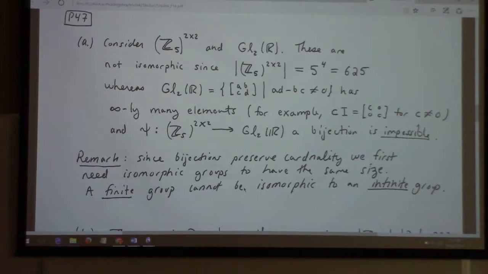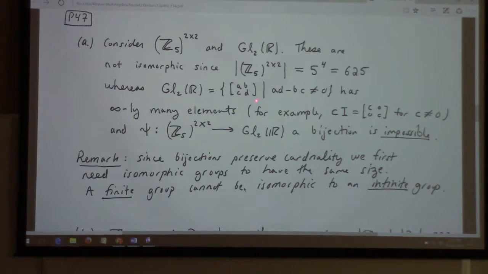It's just a 2 by 2 matrix with elements from Z5, so I think it's 625 distinct choices, which is a lot, but it's also not infinite.